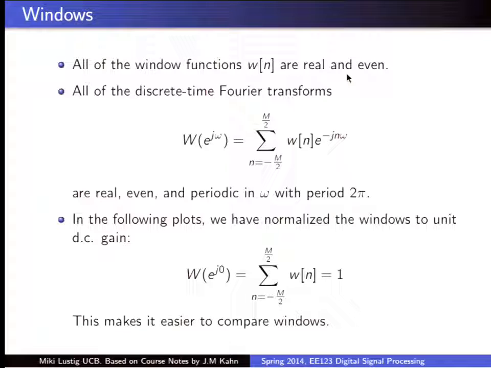All of this you need to know, even if I wake you up in the middle of the night. You really need to remember this. It is real and even, and periodic with a period of 2 pi.